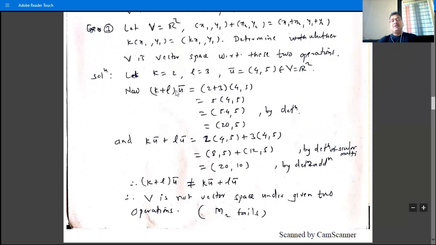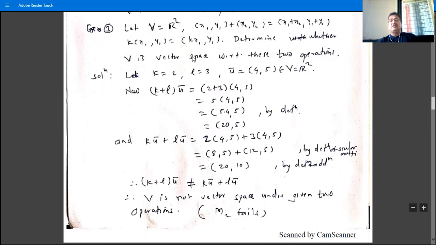So K plus L U bar is equal to what? We have to find the value of the LHS. K is 2, L is 3, and 4, 5 is U bar. Then 2 plus 3 is 5, and 5 into 4, 5 is not 20 and 25. We have to take the scalar multiplication by using this definition.